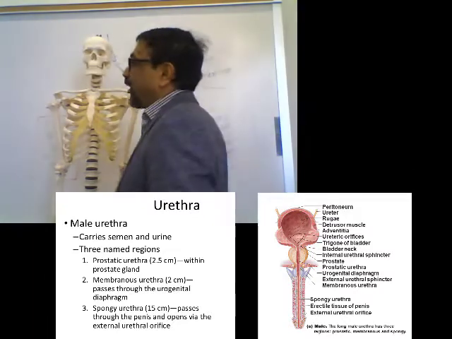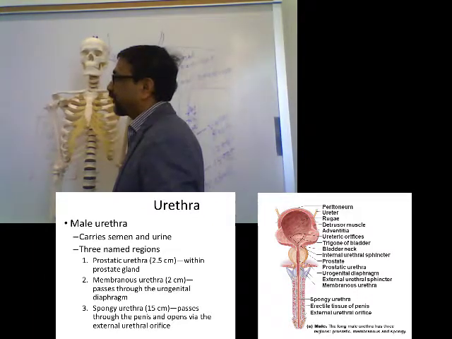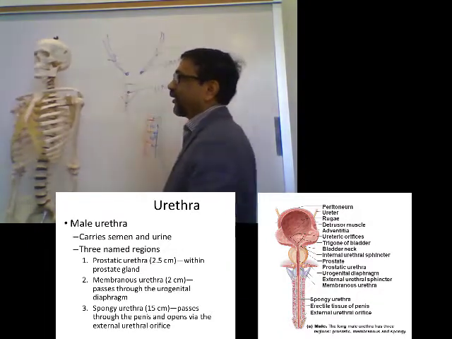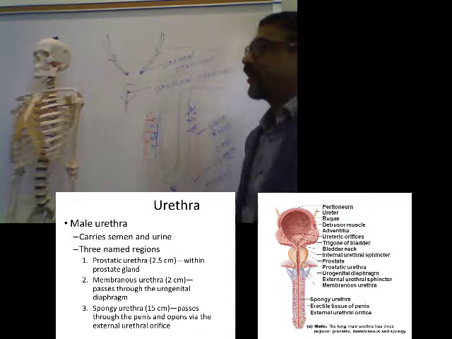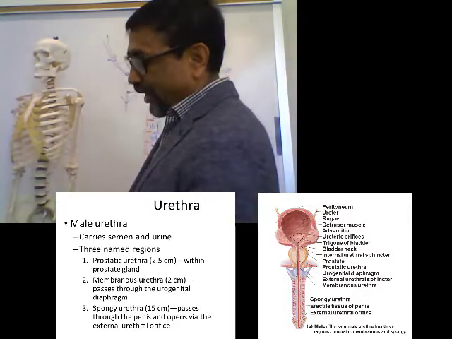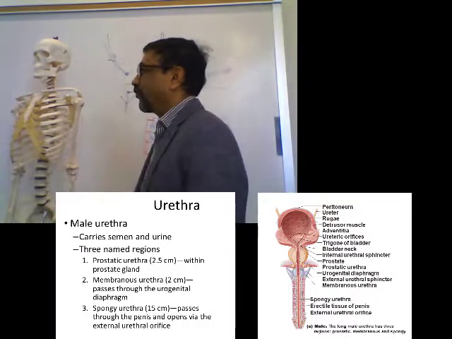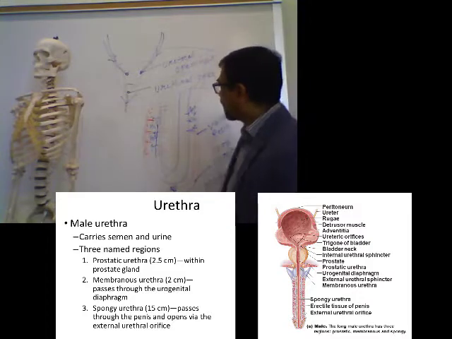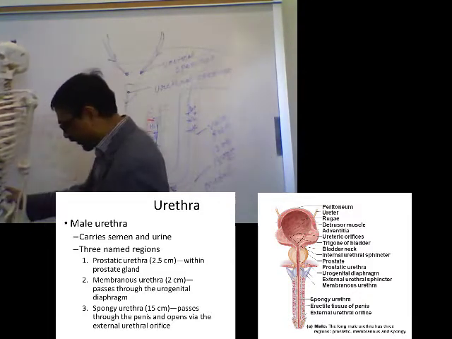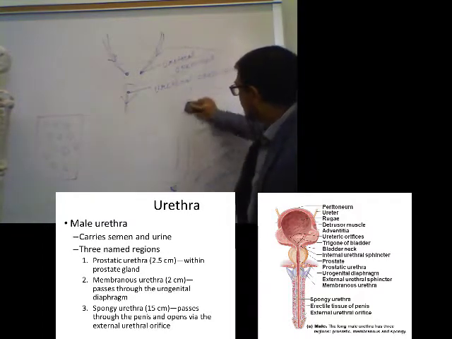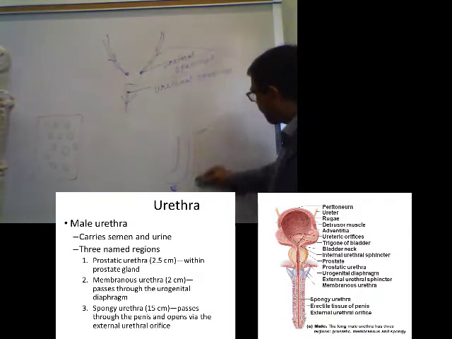In male urethra, you have 3 types of epithelial lining. What are those 3 epithelial lining? Most part is pseudostratified columnar epithelium. Only the first part and the last very small part, those 2 parts are lined by 2 other types of epithelium.